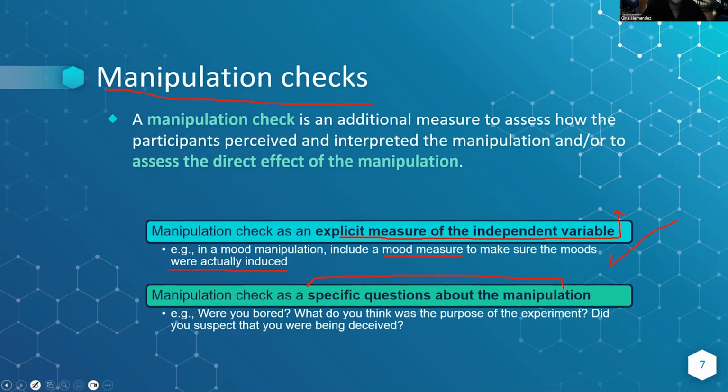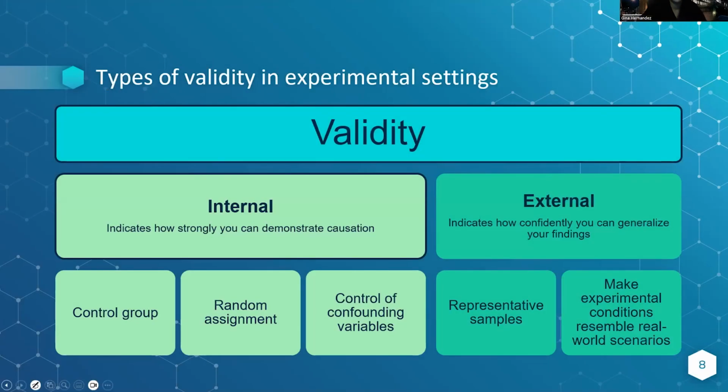What do you think? What was the purpose of the experiment? With this kind of open questions, you can see if they were actually manipulated. So manipulation checks are really important in experimental design. So it is about control, it is about manipulation. Don't forget about that.